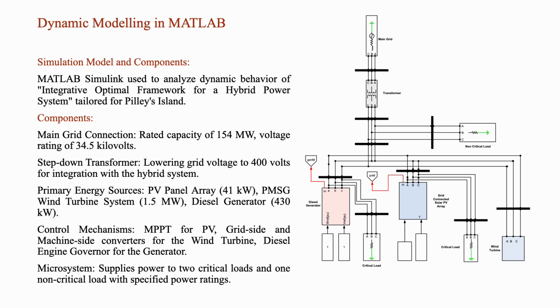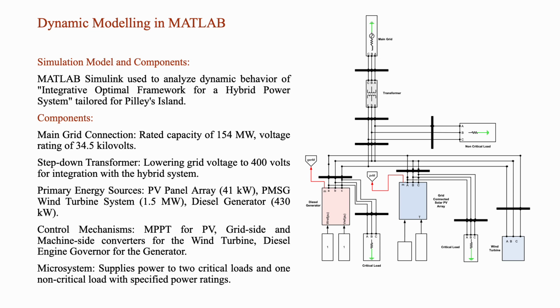The simulation model and the components we use: MATLAB Simulink is used to analyze the dynamic behavior of the integrative optimal framework for a hybrid power system tailored for Pilley's Island. The components: main grid connection, rated capacity of 154 megawatts, voltage rating of 34.5 kilovolts. A step down transformer is also used, lowering the grid voltage to 400 volts for integration with the hybrid system.